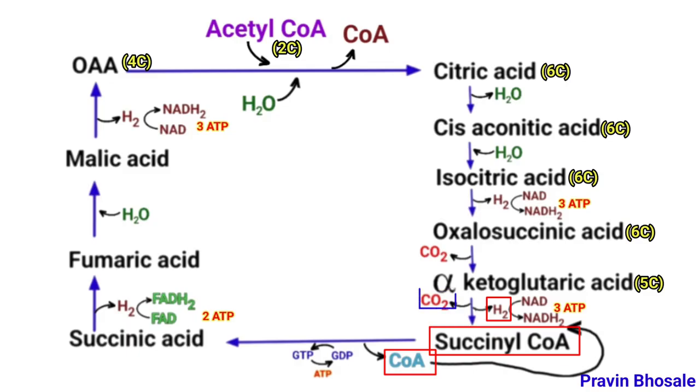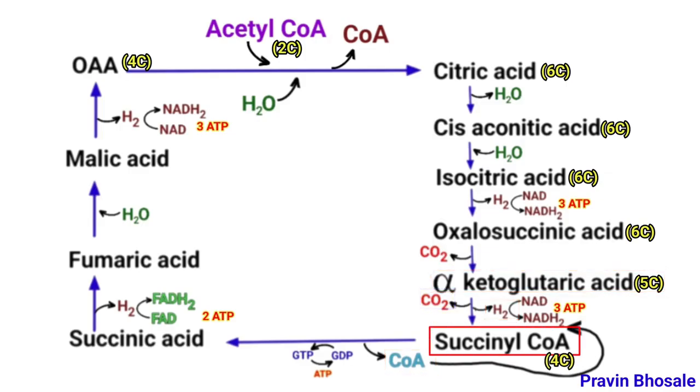Since there is removal of carbon dioxide, succinyl coenzyme A is a 4 carbon compound. So repeat again. Alpha ketoglutaric acid undergoes oxidative decarboxylation, and with the addition of coenzyme A, it forms succinyl coenzyme A, which is a 4 carbon compound.